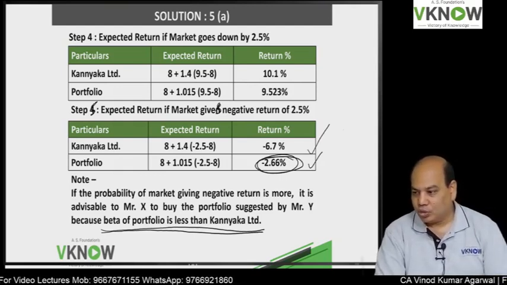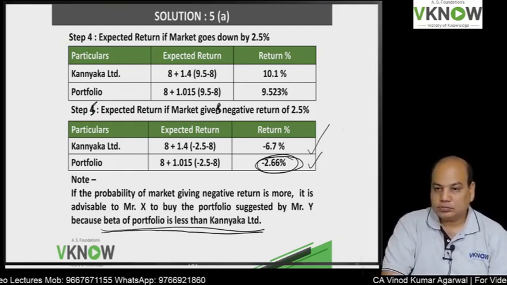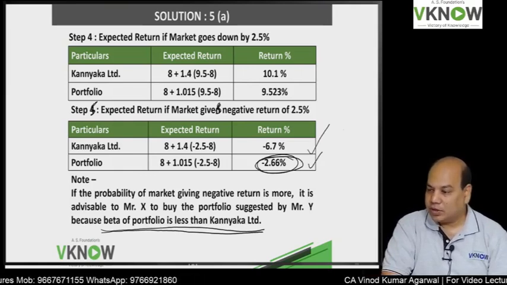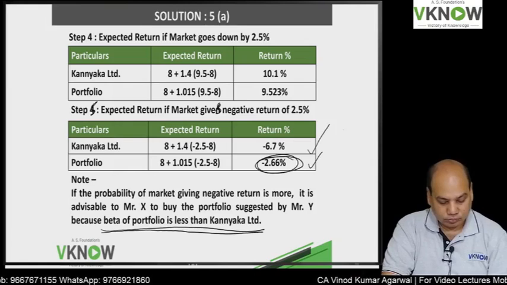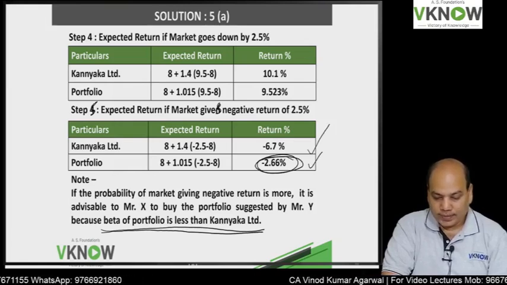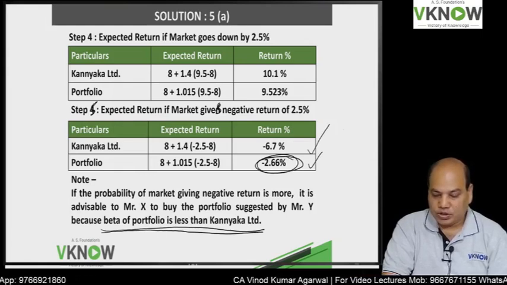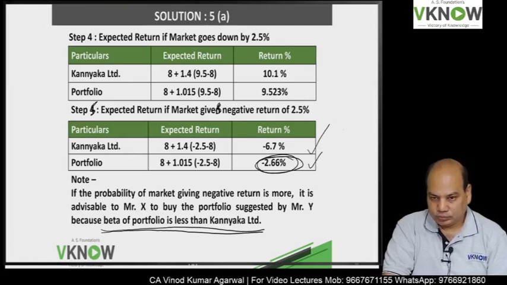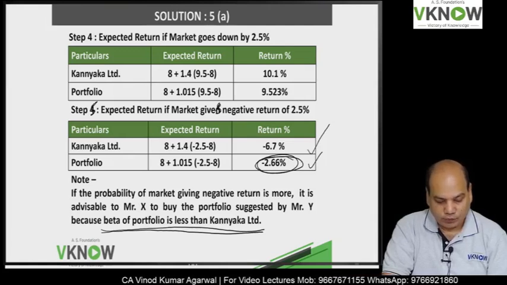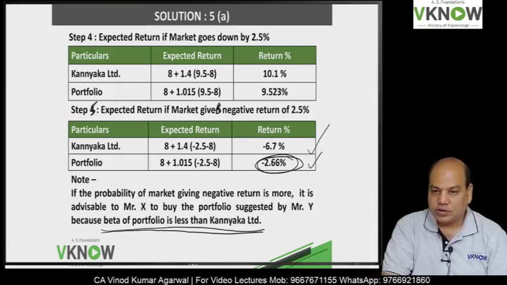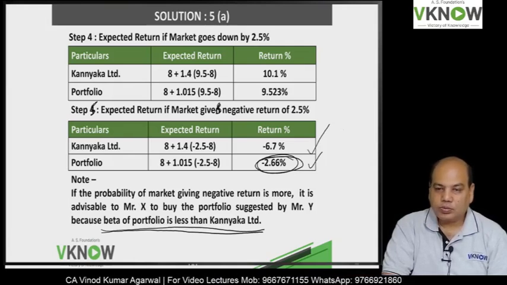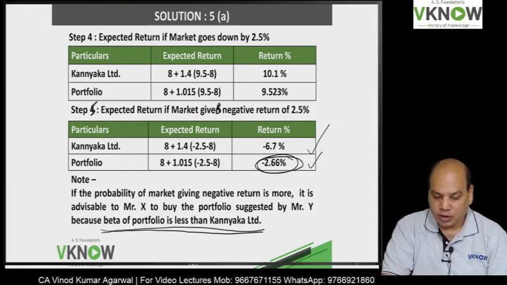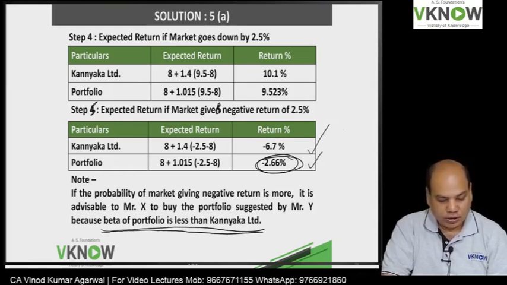I will dictate. Note: if the probability of market giving negative return is more, it is advisable to Mr. X to buy the portfolio suggested by Mr. Y, and then they have asked you why.